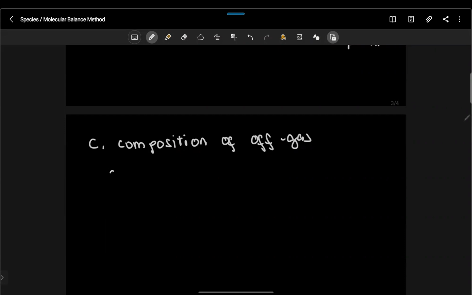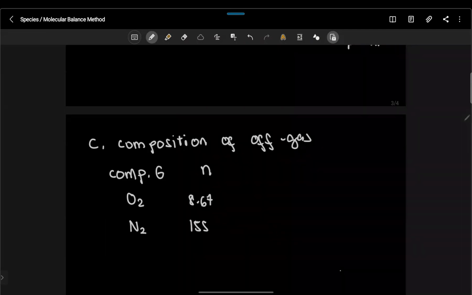So, this is components of stream G, di ba? Yung off gas natin, stream G. So, meron tayong oxygen, meron tayong nitrogen. Yung kanyang moles, 8.67. Ito yung mga nakuha nating sagot kanina from the molecular balance, and 158.